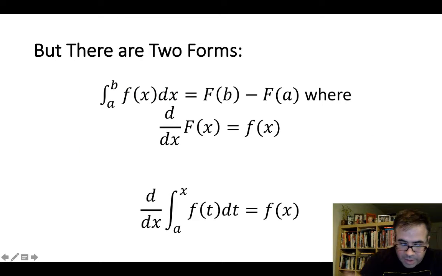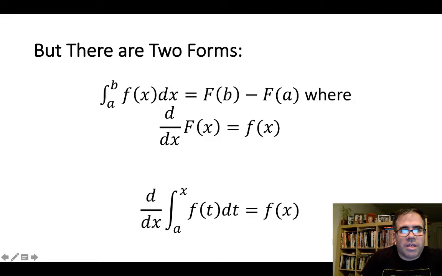So there are two forms of the fundamental theorem of calculus, or two fundamental theorems of calculus. Doesn't really matter here. So the first form: the definite integral from a to b of some function f of x dx equals the antiderivative of this function at b minus the antiderivative at a.